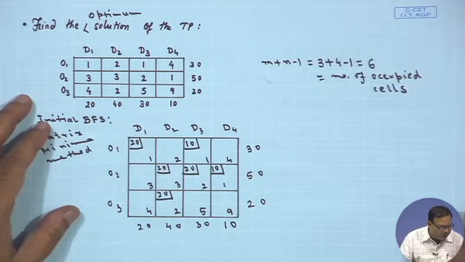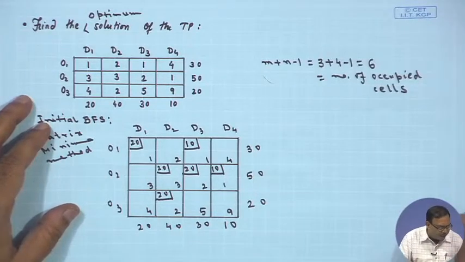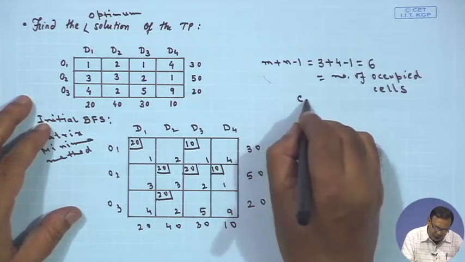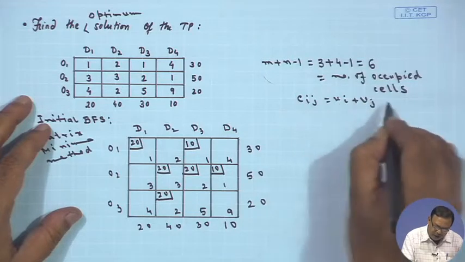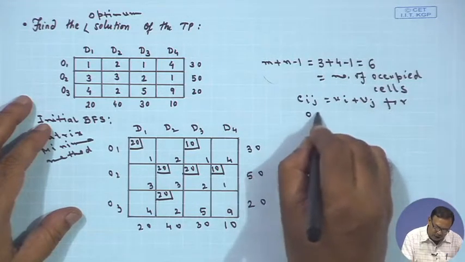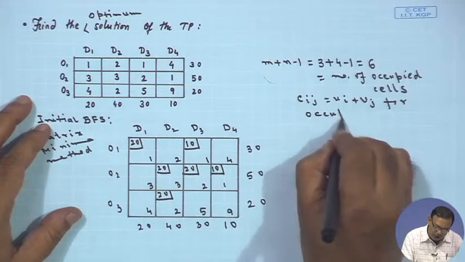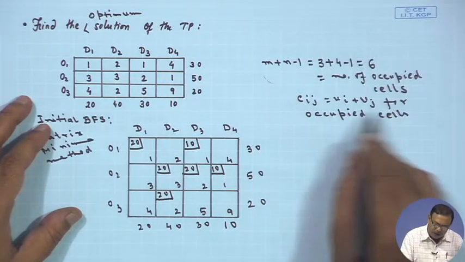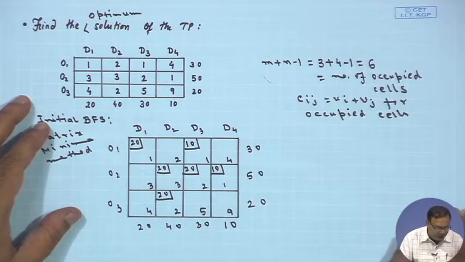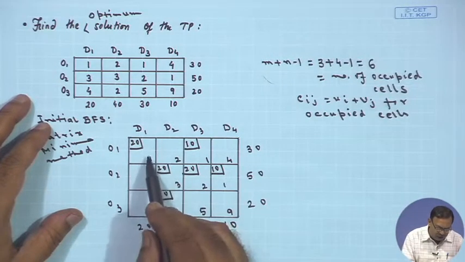To find out whether it is optimum or not, what do I have to do? I have to calculate Cij equals Ui plus Vj for occupied cells only. Please note this one. So, how will I calculate here?